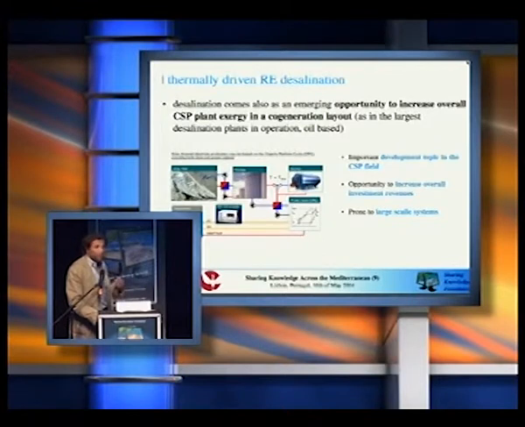Still, we have another possibility, which replicates the largest thermal desalination systems existing to date, which work in cogeneration with power production plants. So the existing systems work together with oil-driven power production plants.